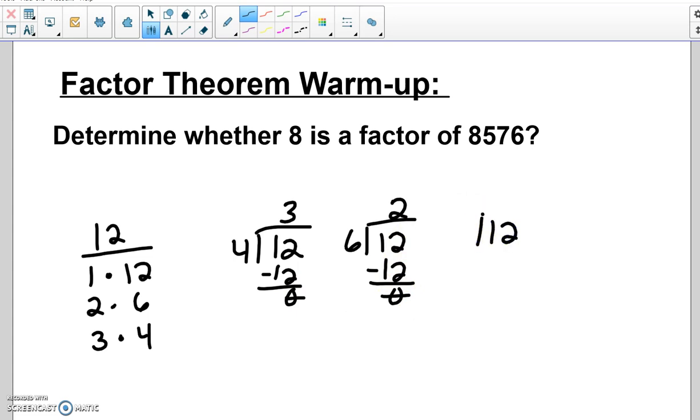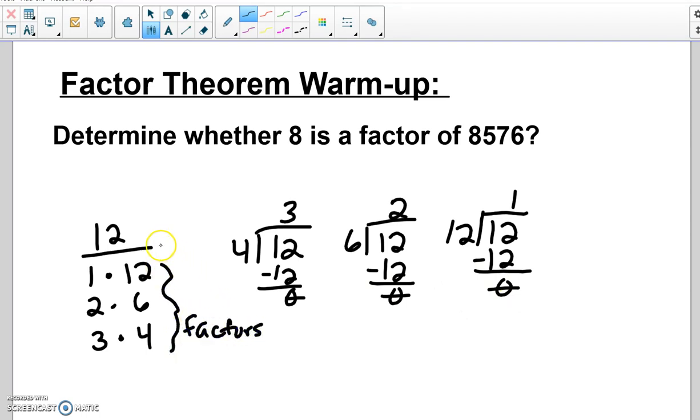Any factor that I use here, let's say I used 12, it would go in 1 time evenly with, you guessed it, no remainder. So what can we say about the relationship of these factors and the actual number that they are factors for? Well, this is the multiple, by the way. We can say that factors go evenly into the multiple with no remainders.